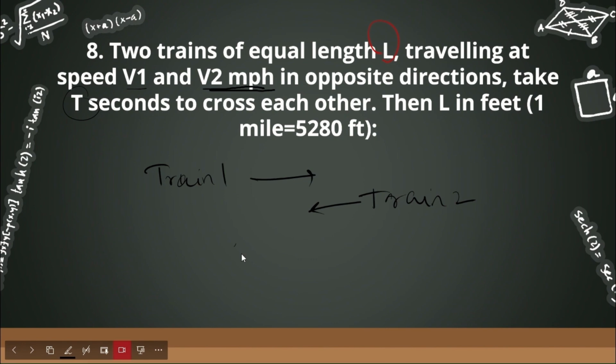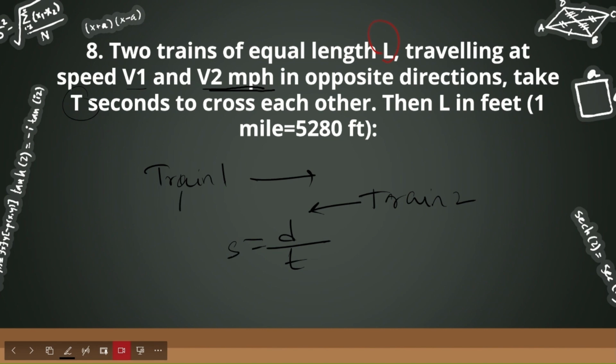So we'll apply the formula speed is equal to distance by time. What's the distance here? The time taken in crossing each other. So the distance in that would be the length of train 1 and length of train 2 both added. So d plus d, distance should be 2d, the total distance.